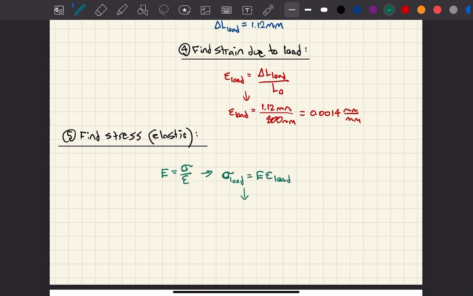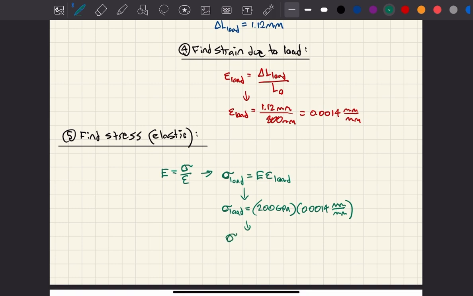Once you do this calculation, the stress due to the load is equal to 200 gigapascals multiplied by 0.0014 millimeters per millimeter.